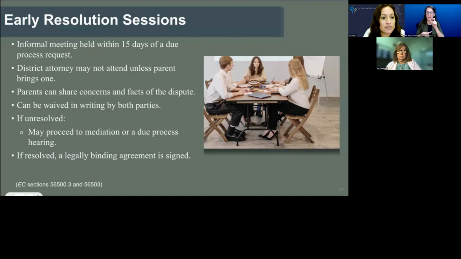Parents can share concerns and facts of the dispute. It can be waived in writing by both parties. If unresolved, may proceed to mediation or due process hearing. If resolved, a legally binding agreement is signed. This happens during that early resolution session. Next slide, please.